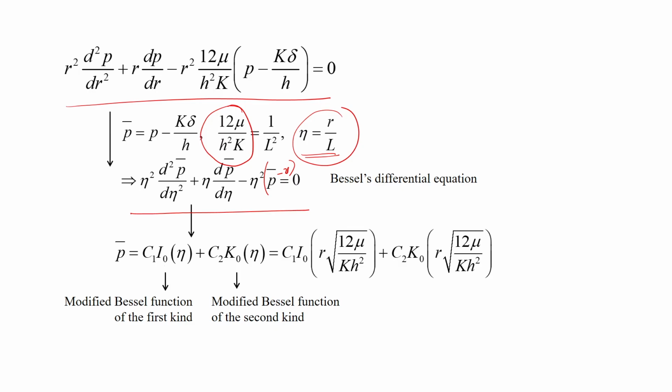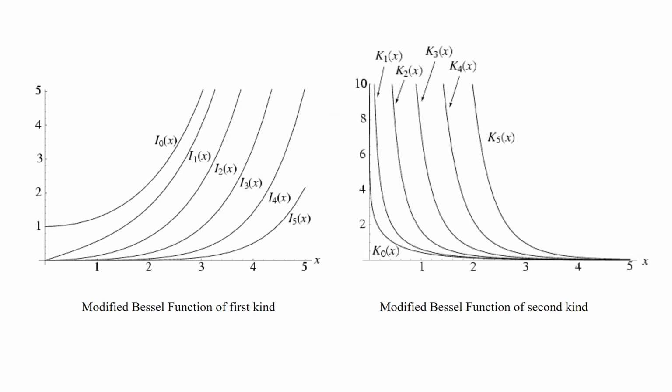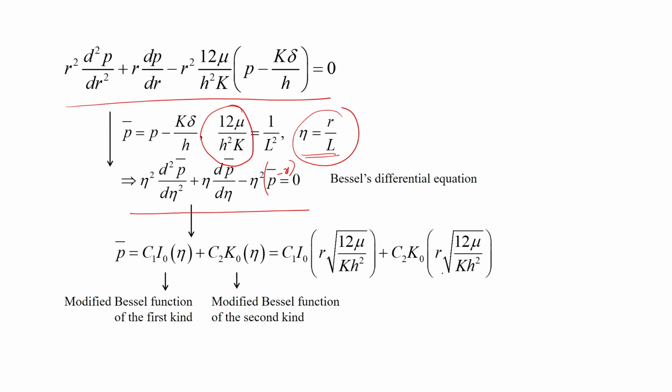Now, how do these modified Bessel functions look? They look something like this, the first kind over here and the second kind over here. The second kind says that at x equal to 0, that means here in our case eta equal to 0, this Bessel function goes to infinity. What it means is that at r equal to 0, p goes to infinity, which is not possible. Therefore, C2 has to be equal to 0.